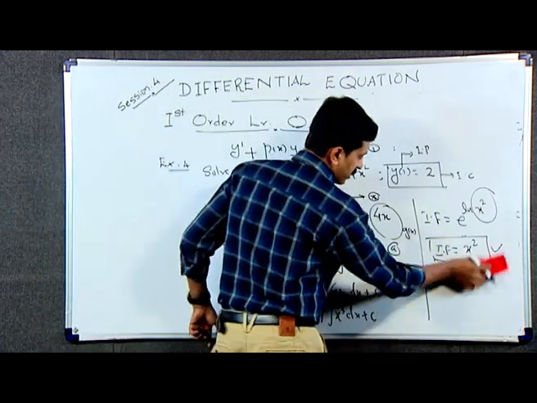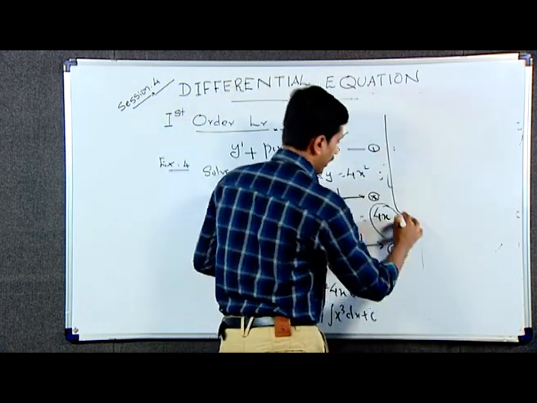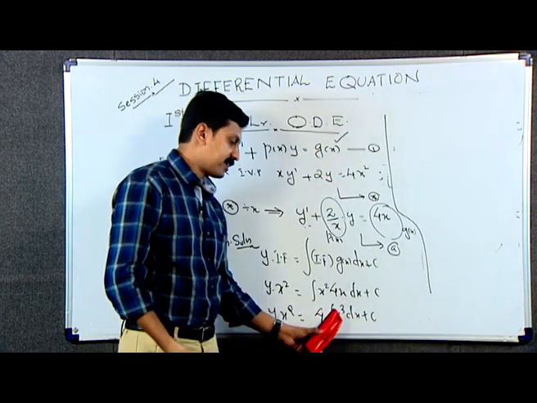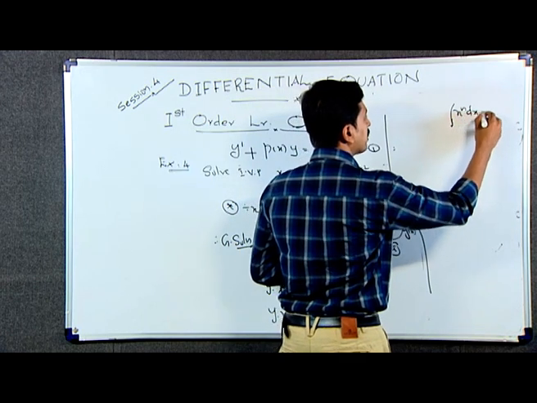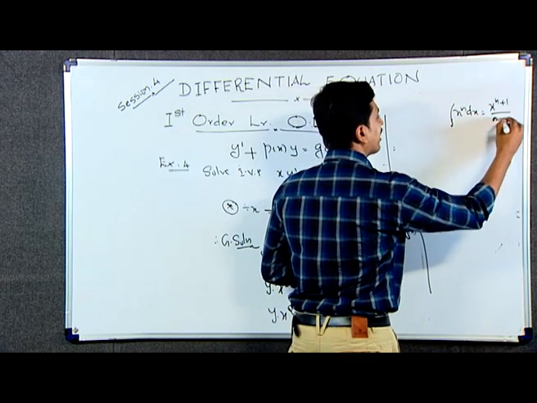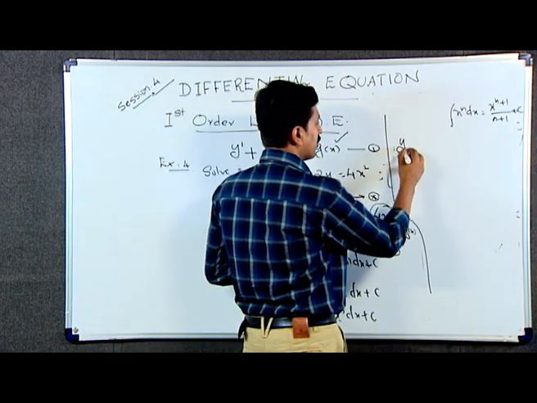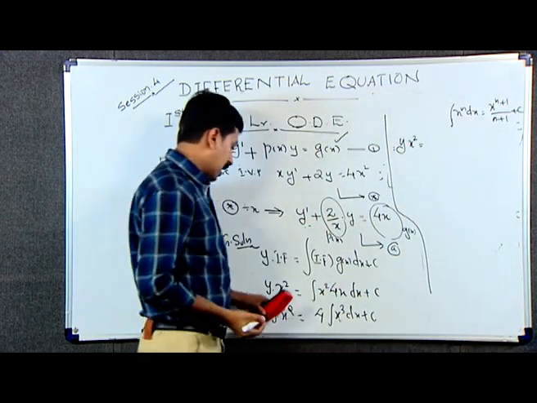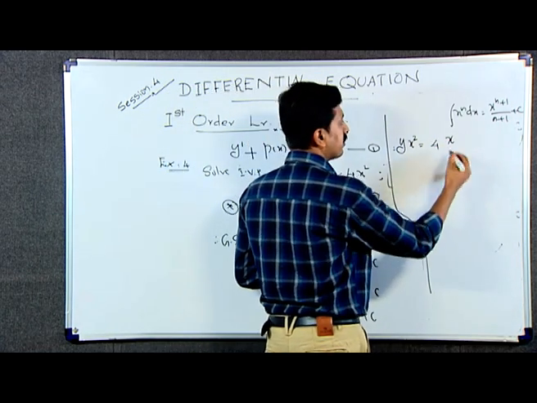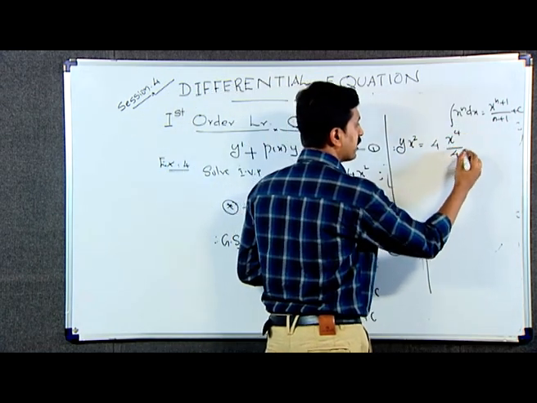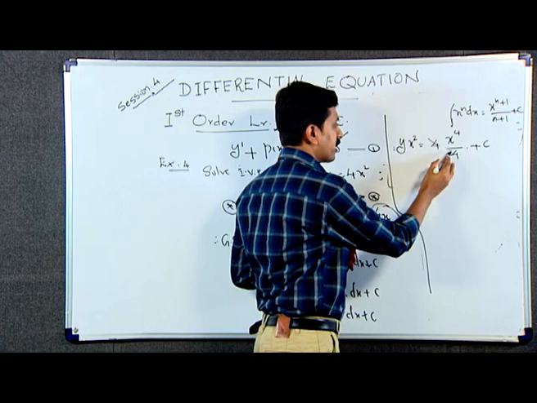By the formula of integration, the integral of x raised to n dx is equal to x raised to n plus 1 divided by n plus 1 plus c. So the given equation will come as y x square is equal to 4 into the integral of x cube, that is x raised to 4 divided by 4 plus c, and we can cancel this 4 and 4.